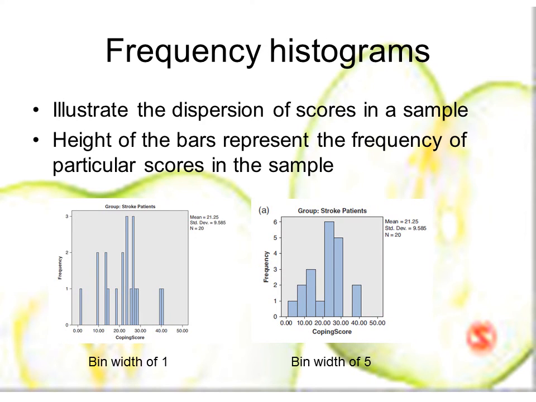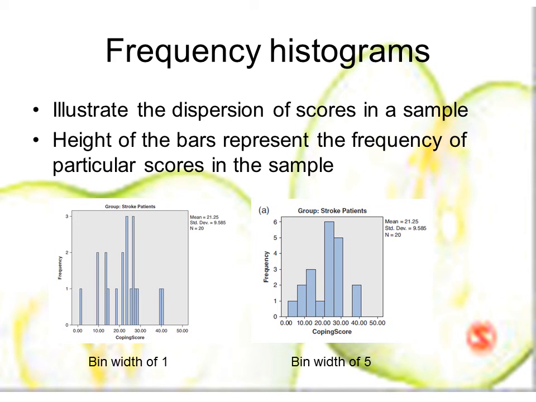And then another area that we're going to look at are histograms. Histograms are going to illustrate the dispersion of the scores in the sample. The height of the bars represents the frequency of particular scores in the sample. Just looking at the same topic that we were just looking at, stroke and heart attack patients, once again, you can look at a histogram and see how they're connected.